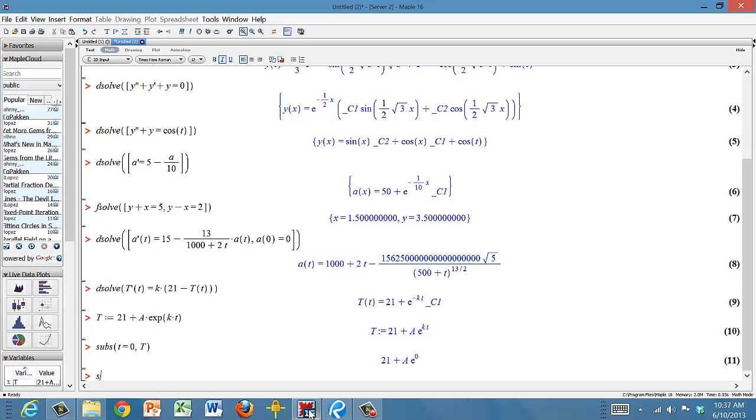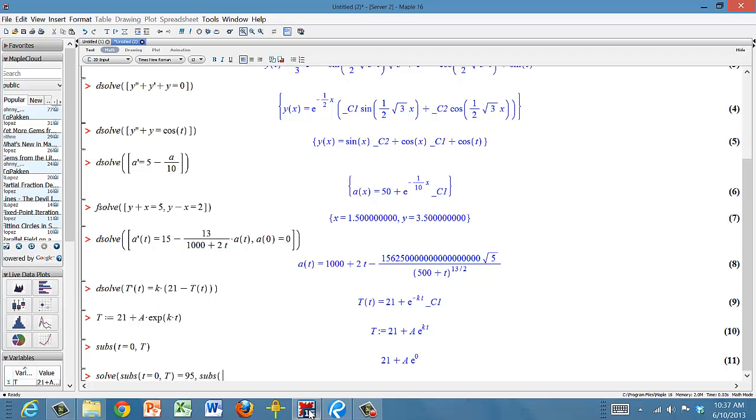All right, so what I want to do is substitute little t equals 0 into big T. So when I substitute t equals 0 into big T, I need to be getting out 95.